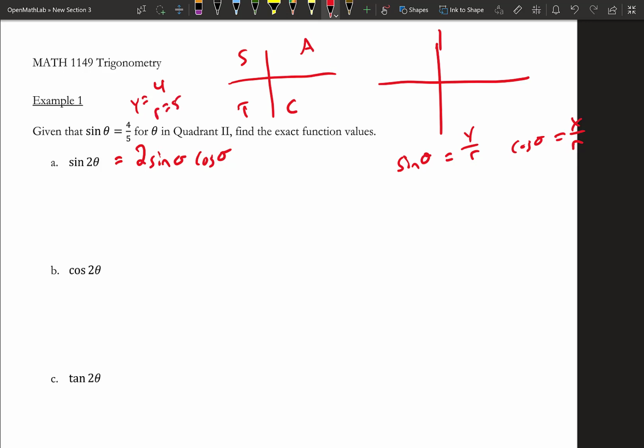We're told we're in the second quadrant, so we're going to be somewhere up here. Here's r equals 5, then we have x here, and y equals 4 here.